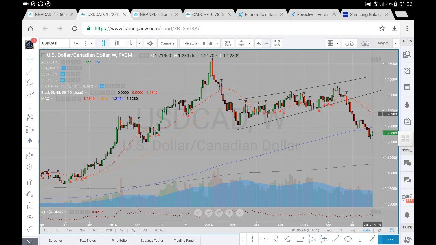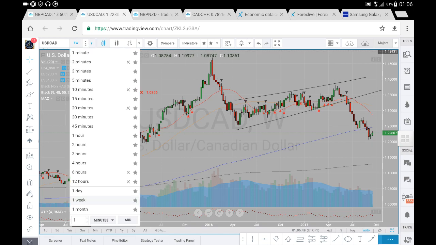So picking reversals is somewhat dangerous. Picking a reversal spot, despite the fact that we have a strong bias to the downside, does have its dangers. Now, that's the weekly time frame, where the week's open is the most important.